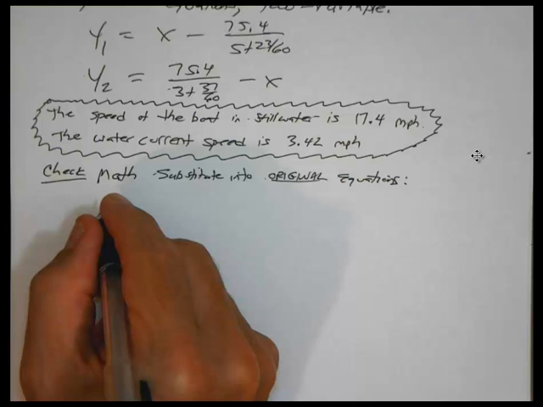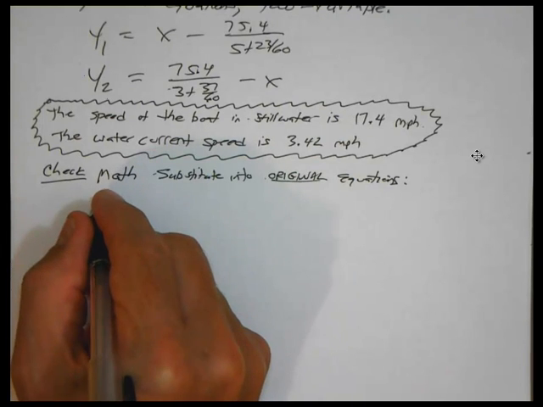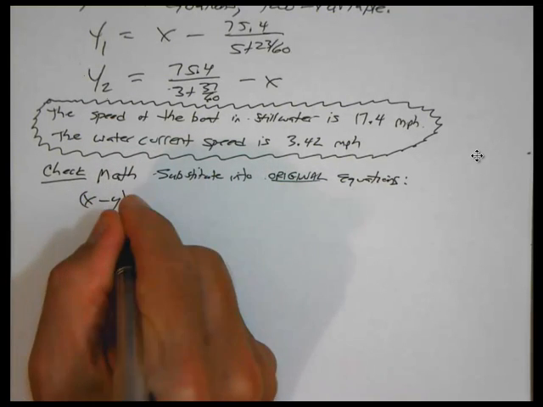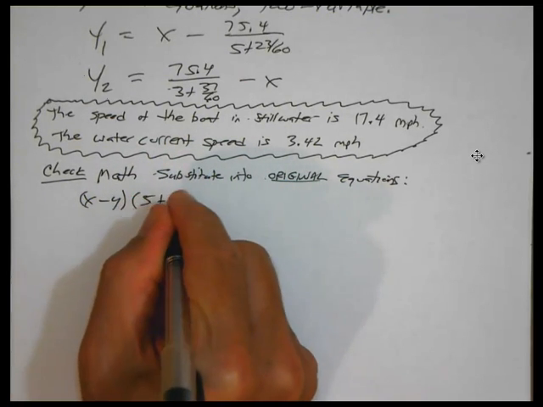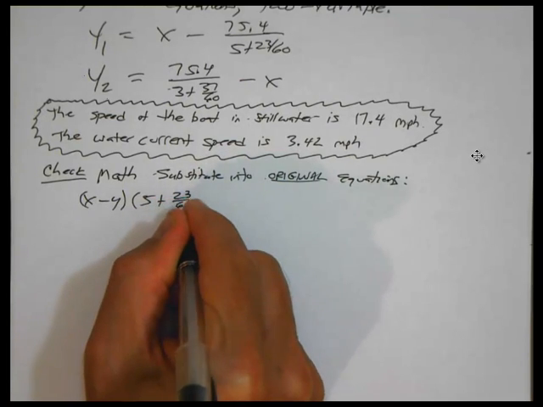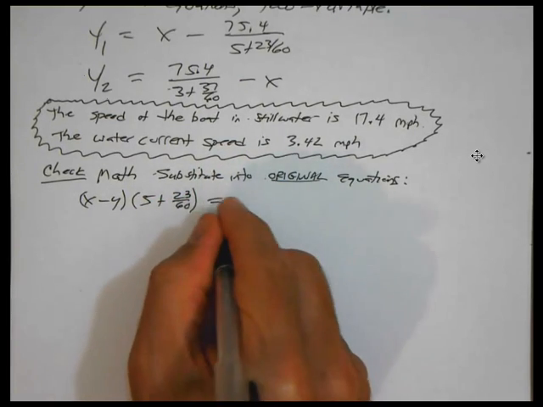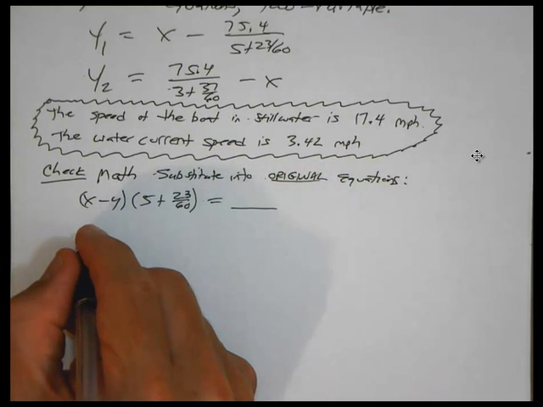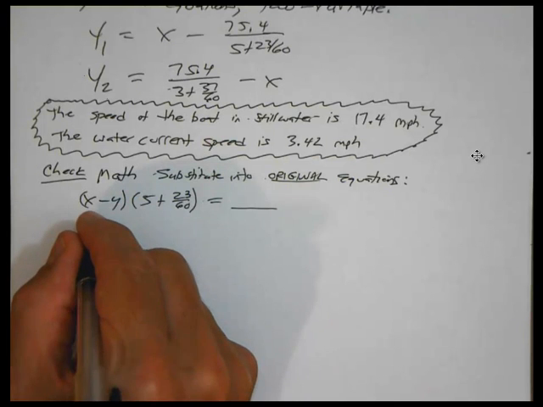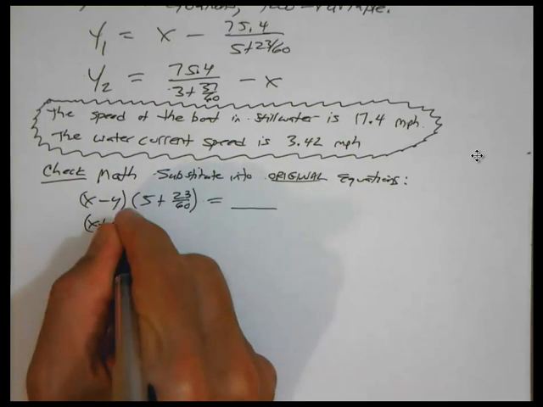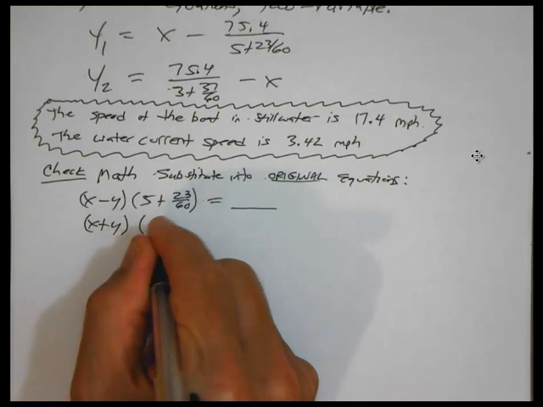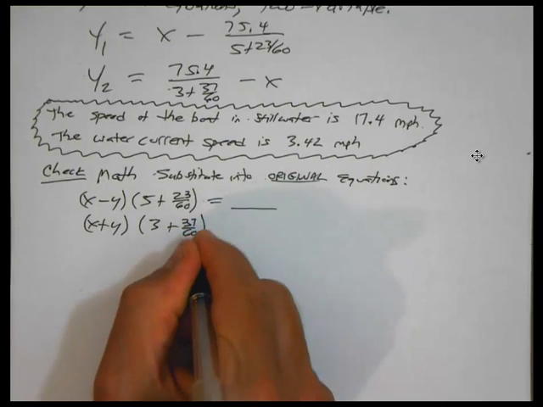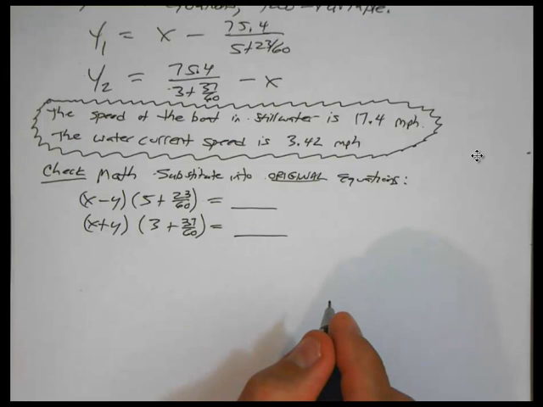Let me take the right-hand side of equation 1. That's x minus y times 5 plus 23 over 60. Get a number from the calculator there. The second original equation, let's take its right-hand side, x plus y, and then 3 plus 37 over 60. Let's see what happens there.